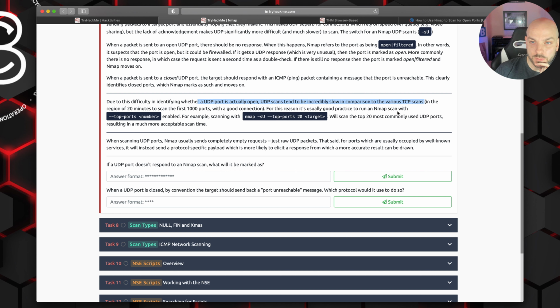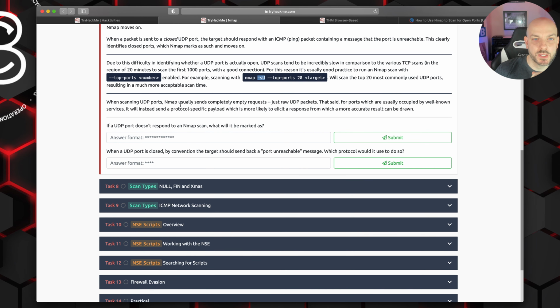For that reason, it's usually good practice to run NMAP scans with top port numbers enabled. For example, scanning UDP with top ports 20 is going to scan the most common UDP ports for that target. Okay.